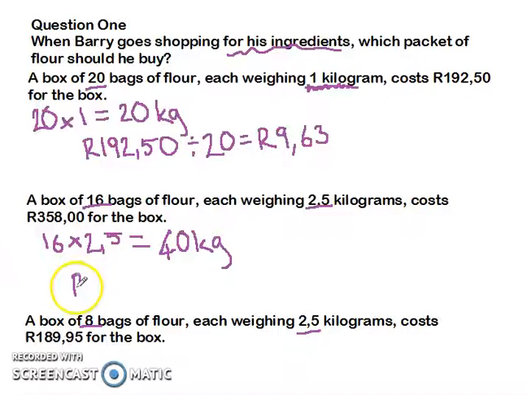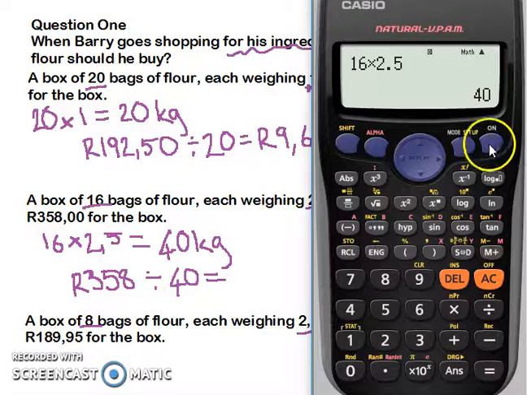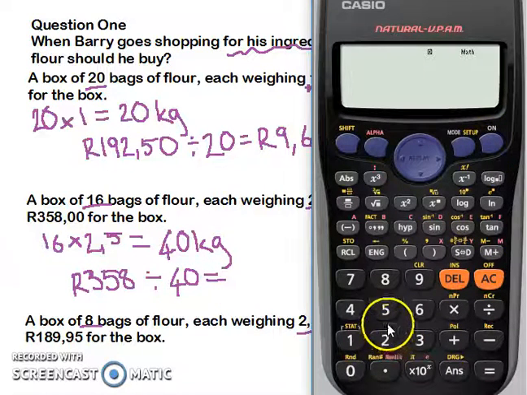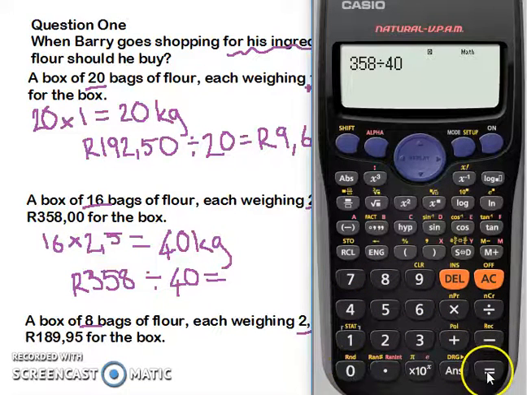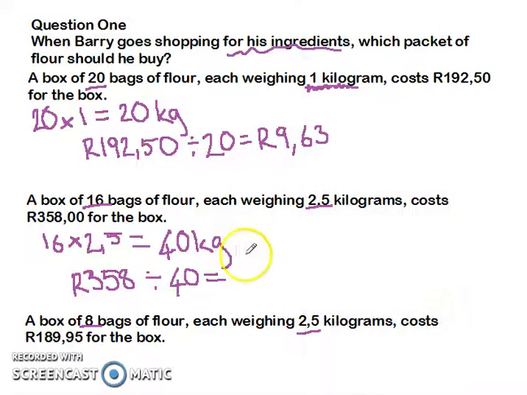To calculate the unit price, we take the 358 Rand and we divide by the number of kilograms, which gives us, and let's call up the calculator again, 358 divided by 40 is 8 Rand 95. So 8 Rand 95.